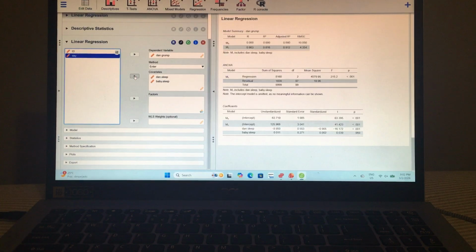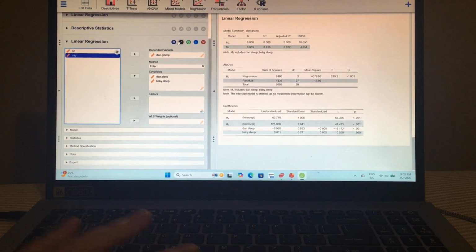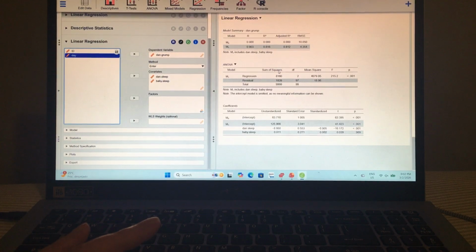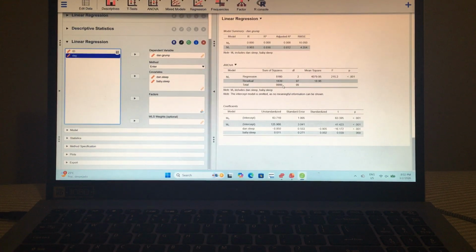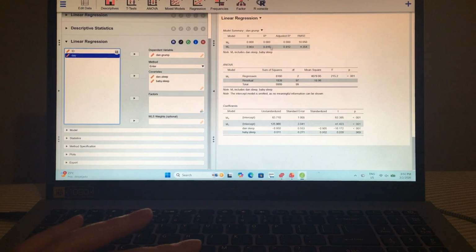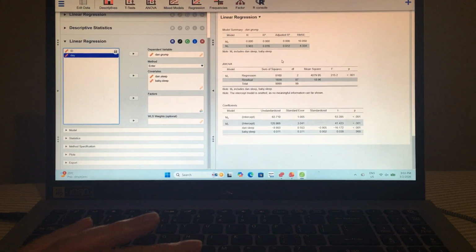Both of these can be found in your ANOVA table. So sum of squares residual, okay, the 1839 divided by your total, which is 99.99, which gives you 1 minus 0.183, which equals 0.816, and here's your R squared, so that's right.